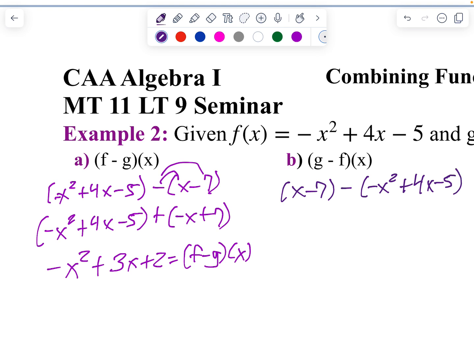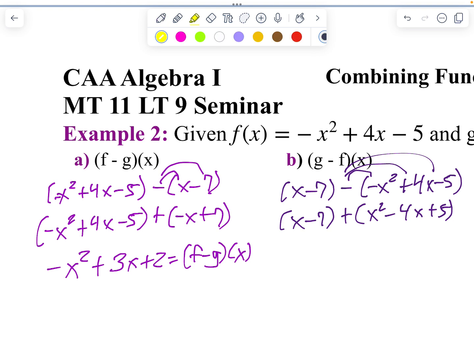And then we'll distribute the negative inside. So we get x minus 7 plus x squared minus 4x plus 5.